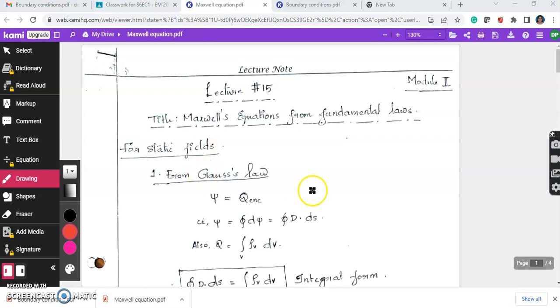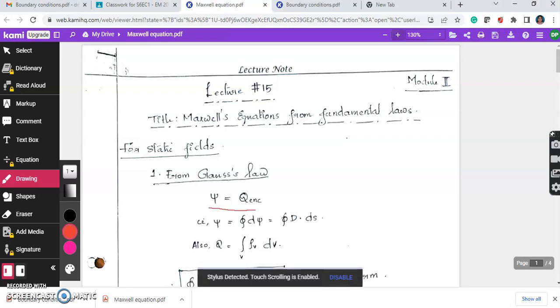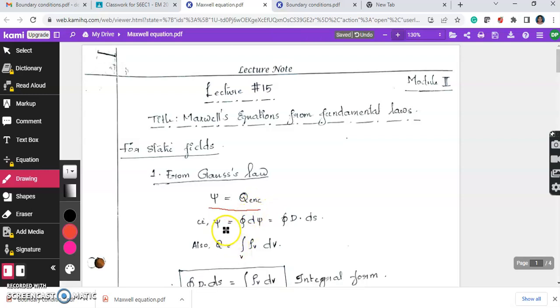From Gauss's law, we can say that the total flux psi is equal to the total charge enclosed by the surface. In mathematical form, we can write psi is equal to Q enclosed. That is, psi can be written as the closed integral of delta psi, if delta psi is the incremental flux, and that is equal to the closed integral D dot ds.